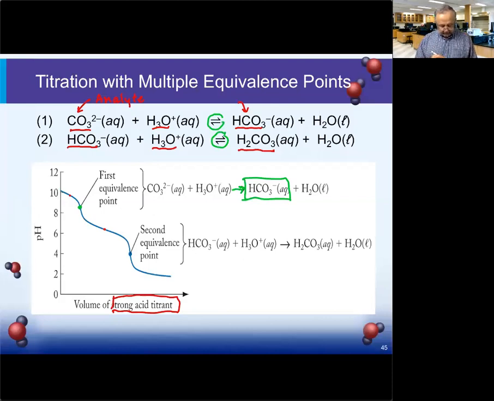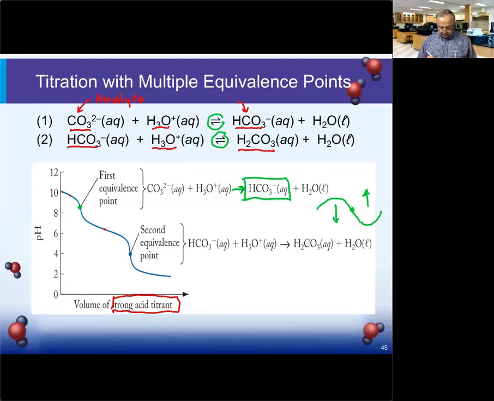As you can see, when you look at the pH versus volume of titrant, there's an inflection point. The inflection point is when a curve switches from concave towards the bottom, pointing downward, to concave towards the top. This point here is called the inflection point.